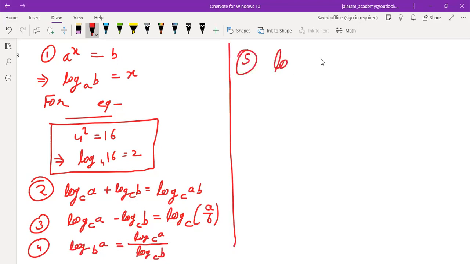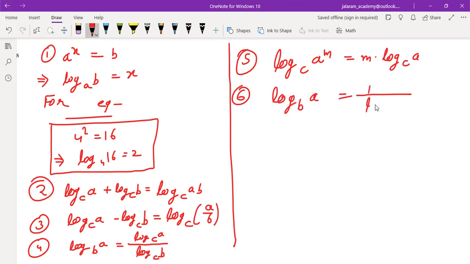And if there is log a to the power m, this time base again c, the power m becomes the coefficient of log: m into log a base c. If there is log a base b, we can also write it as the reciprocal of log b base a.